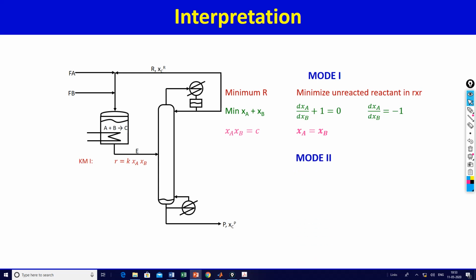That's pretty intuitive. Mode 2, you want maximum production rate. If you want maximum production rate subject to R max, then the concentration of C in the reactor should be maximum. That's how you will get maximum P. To maximize the concentration of C in the reactor is again equivalent to minimizing A and B in the reactor.